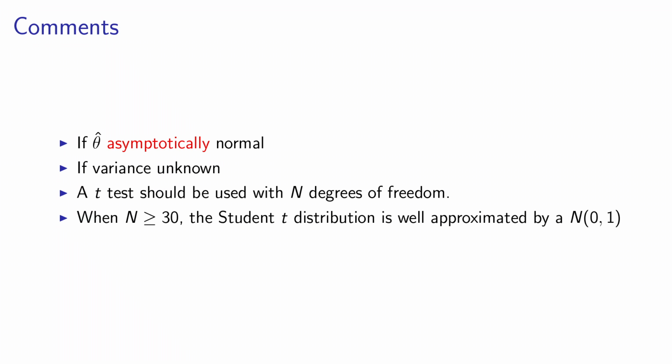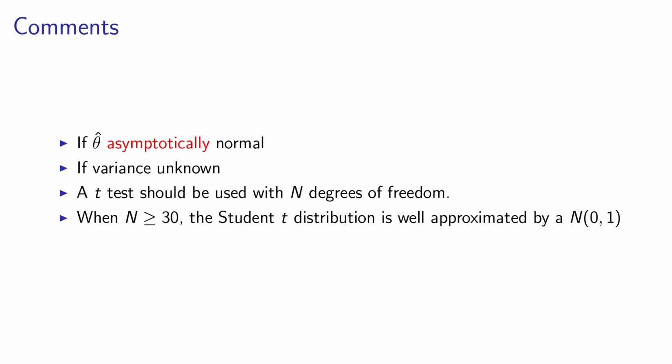So why is it called a t-test? In theory, if theta hat is asymptotically normal, which is the case with maximum likelihood estimation, and if the variance is unknown, which is usually the case, we use the estimated variance and not the true one, then a t-test should be used with n degrees of freedom.